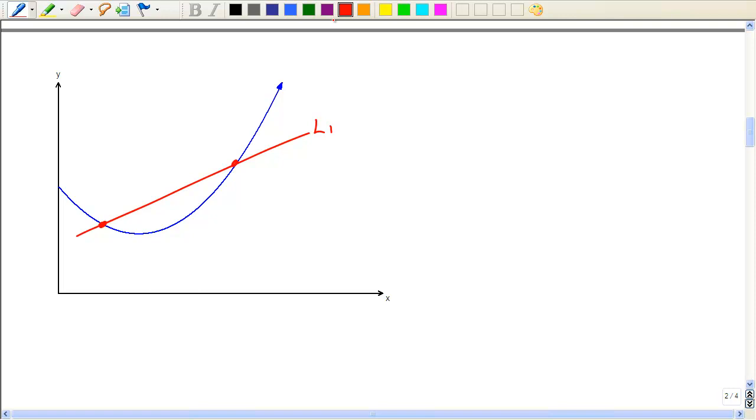But if I kept this point the same, but moved this point closer and closer and closer to the point that I've marked with an X, the slopes of those lines would definitely change, right? In fact, it would get flatter and flatter until we came around here really close, and we would even have a negative slope. So you can see that it changes.